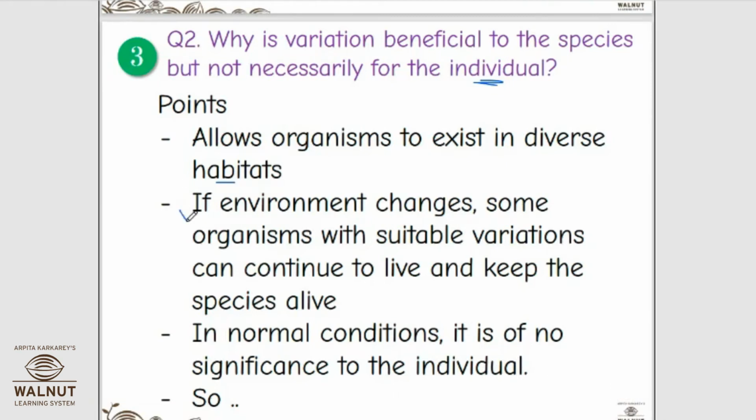The second point: if the environment changes, some organisms with suitable variations can continue to live and keep the species alive. And that is why variation is important. Yes, because there are some variations which can help them to adjust to a particular climate. Why am I taking this term?